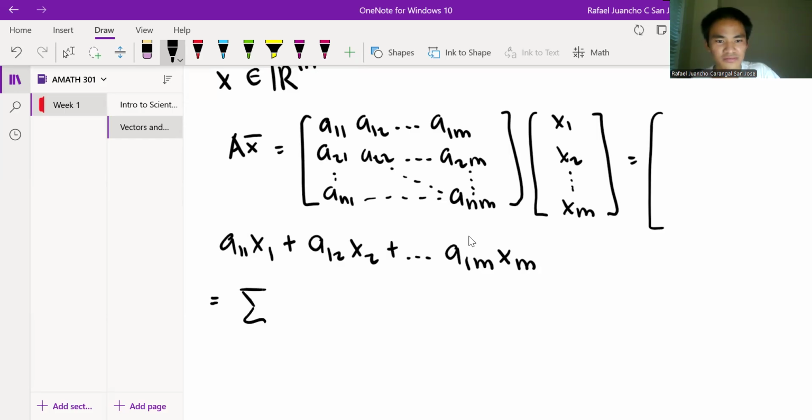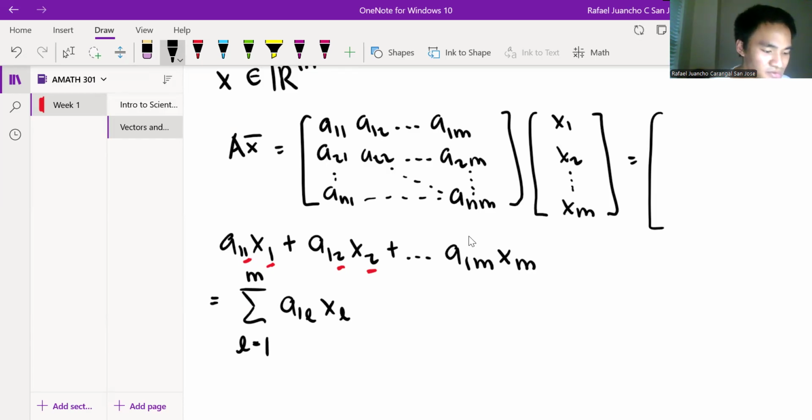In summation, we're doing it all the way to m, and our L starts at 1. These pieces are the ones that are moving. So we have a1L, xL. So that's the summation that we're doing, right?